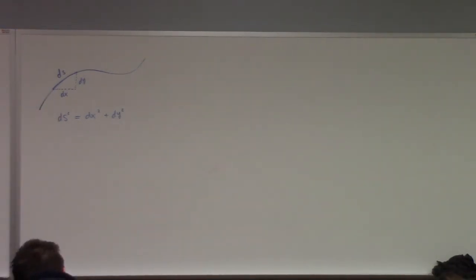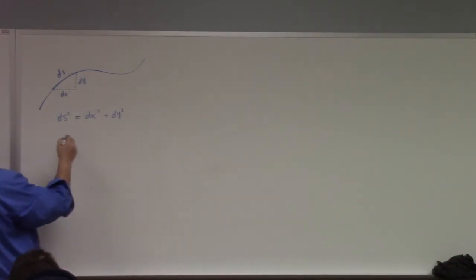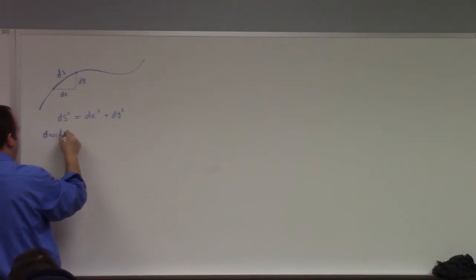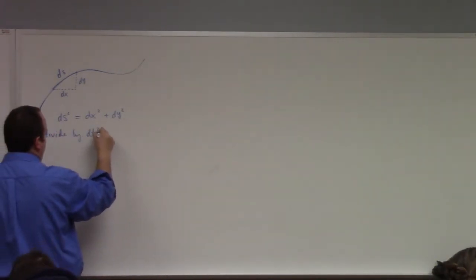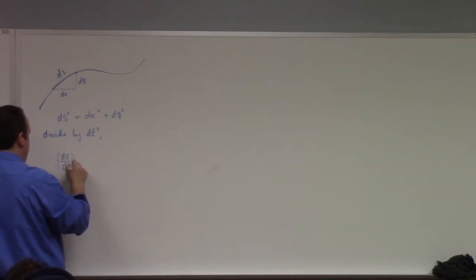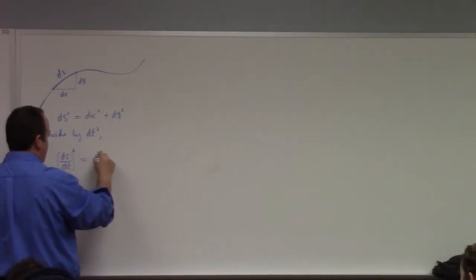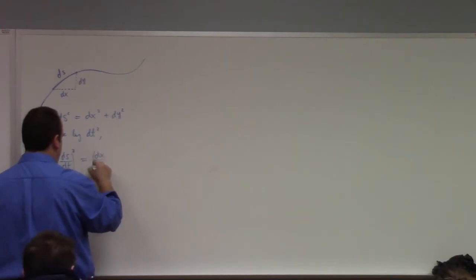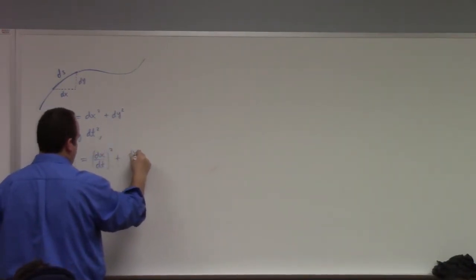And then if you bought this much, well, let me do more. So divide by dt squared. That gives us (ds/dt) squared equals (dx/dt) squared plus (dy/dt) squared.